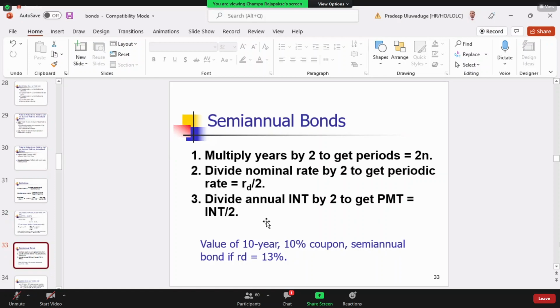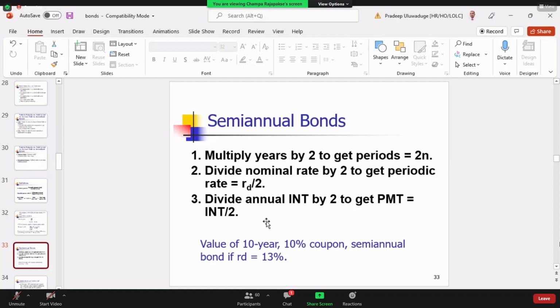In that we said the formula has to be adjusted: if it is semi-annual, you double the time period, multiply n by 2, and you divide the interest rate by 2. So multiply years by 2 and get periods equals 2n. Divide nominal rate by 2 to get periodic rate, RD divided by 2. So divide annual interest by 2 to get the payment, that is interest divided by 2.